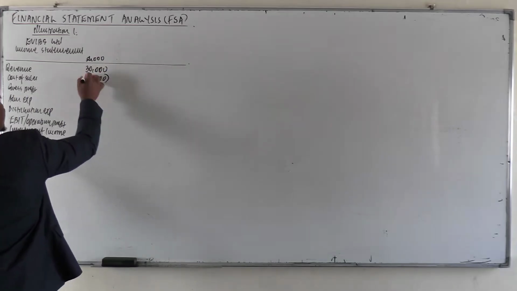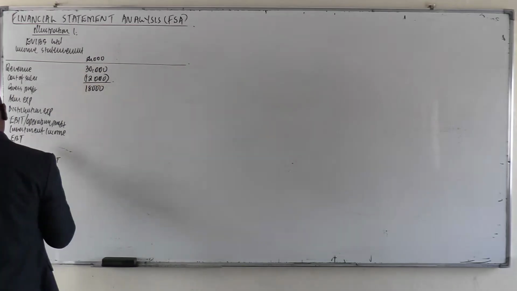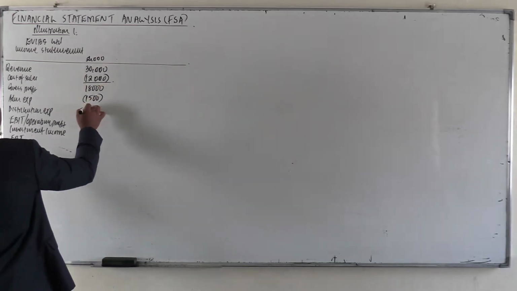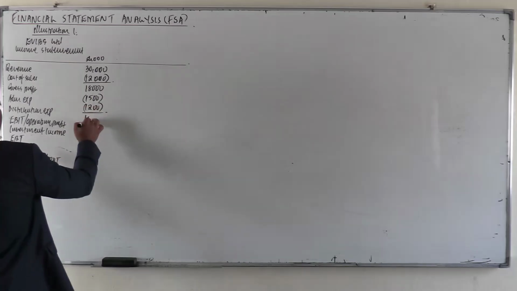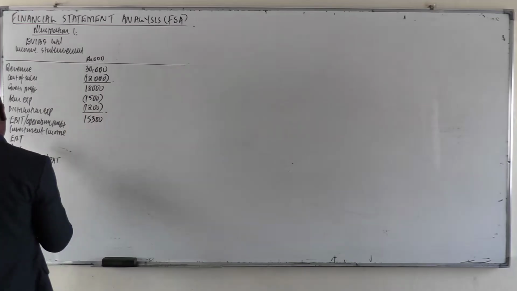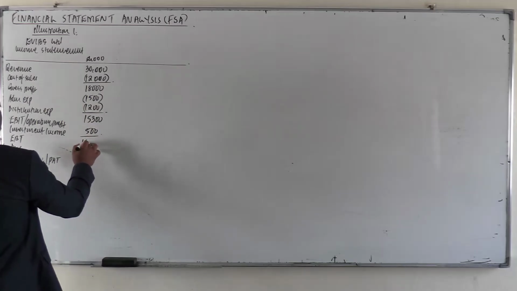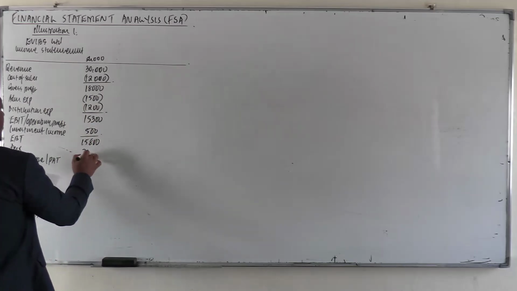We have 12,000. And therefore the gross profit is 18,000. So we have 15,000 and we have 12,000. And therefore the earning before interest and tax is 15,300. Then investment income was 500 to get an amount of 15,800. Then you raise the tax, an amount of 3,000 to get 12,800.